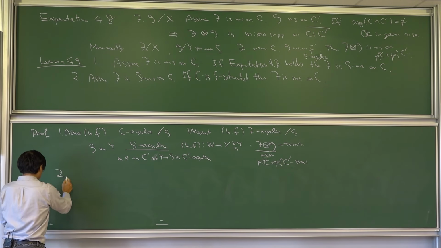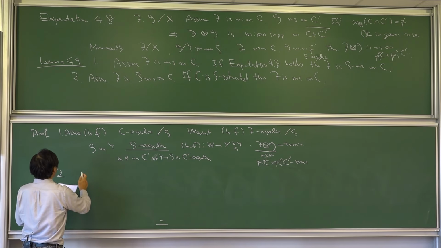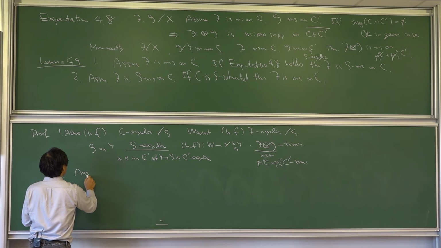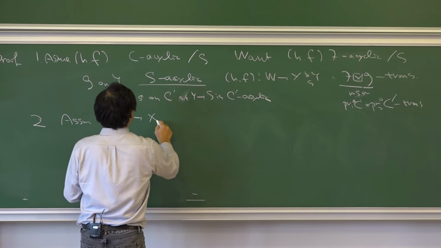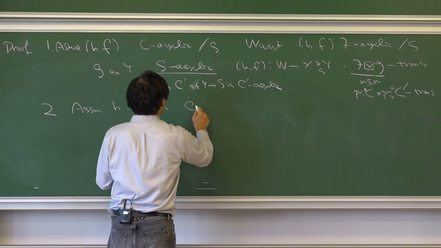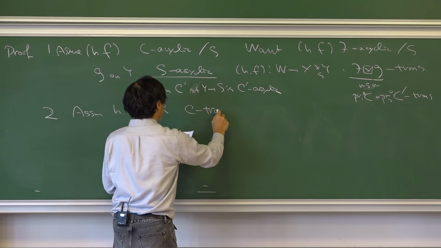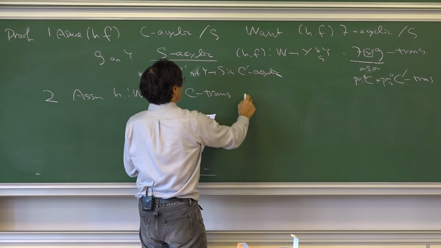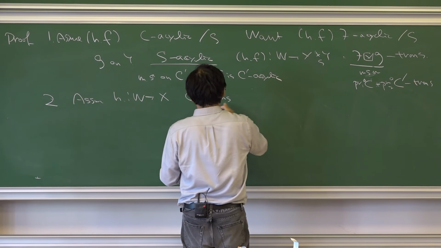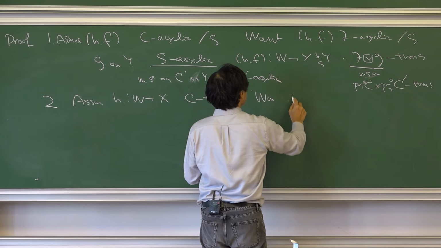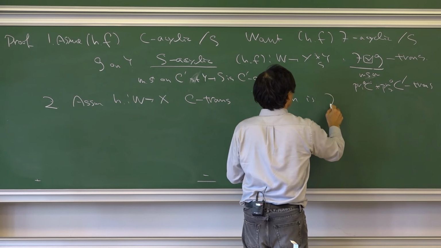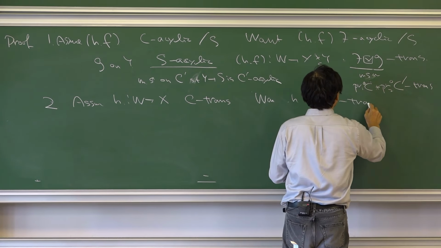And second one, so assume, so now we want to prove the absolute one, so we just take one more sum and assume transversality, then we want to show this H is F transversal.